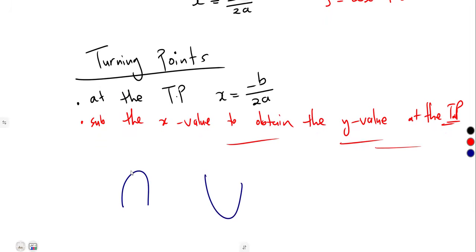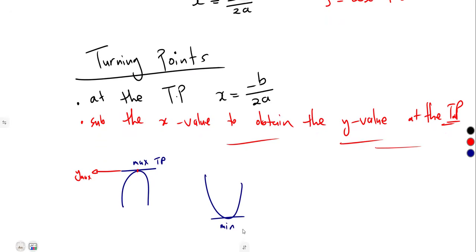So when it is like this, we are talking about the maximum. When it is like this, you're referring to the minimum. So at the maximum turning point, it means the y value is maximum. That is what you must take note of.